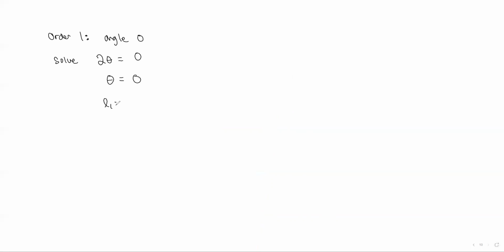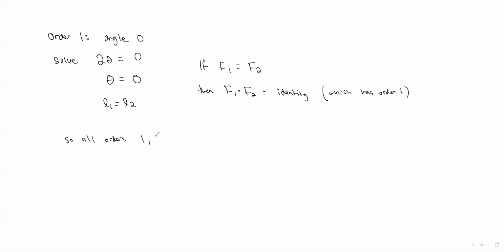So you get L1 equals L2. So if you just repeat a reflection, you get an element of order 0, I mean, order 21. I mean, order 1. So if F1 equals F2, then F1 times F2 is just the identity, which is the rotation, which has order 1. So all orders 1, 3, 7, and 21 are actually possible.